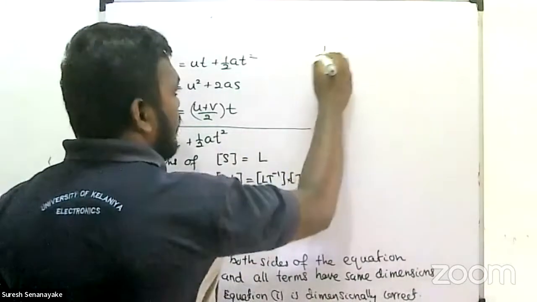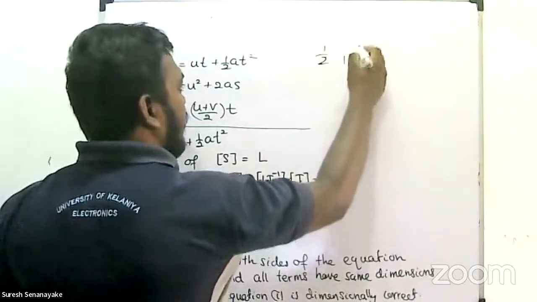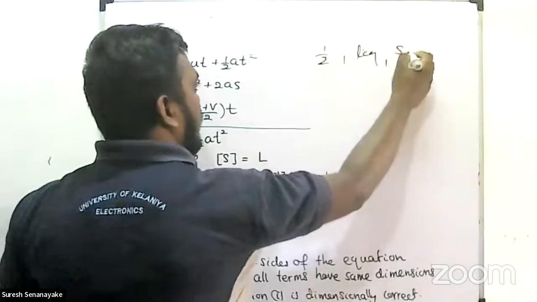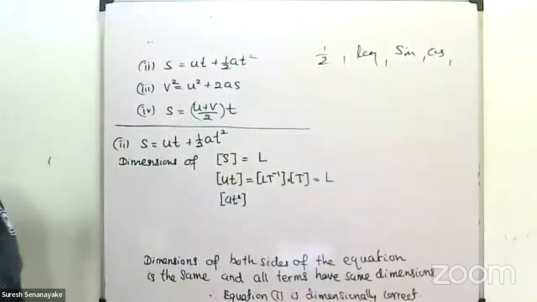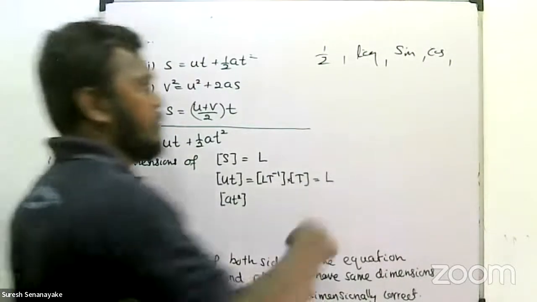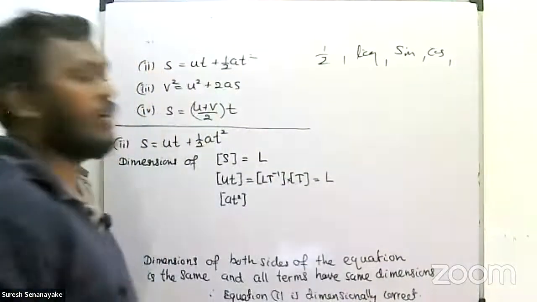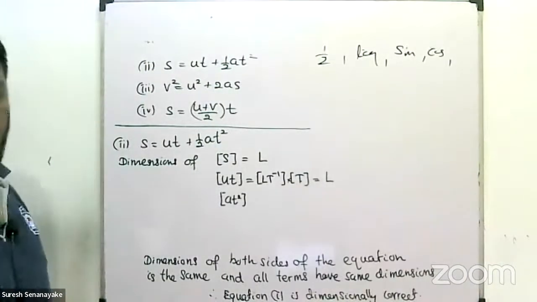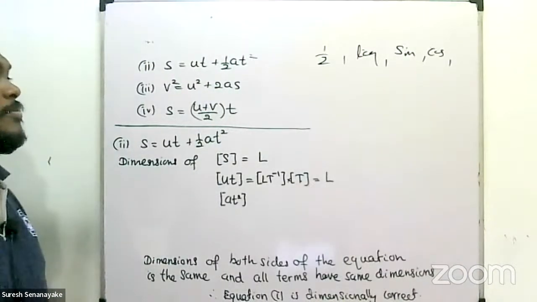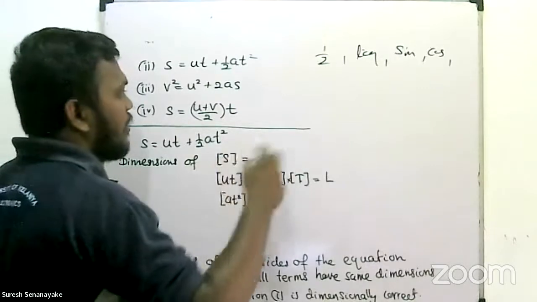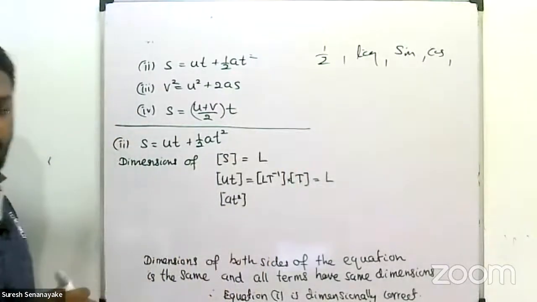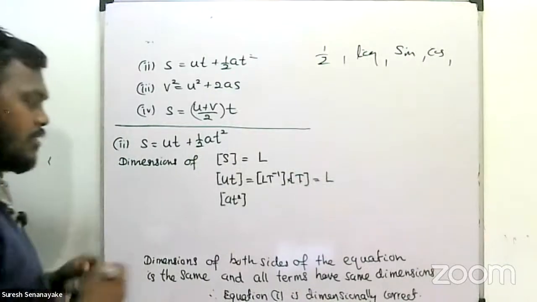Because numbers, log values or trigonometric values like sine, cos, tan, you don't need to consider the dimension of those, only the physical quantities. Keep that in mind. Dimensionless constants, you don't need to consider their dimension.